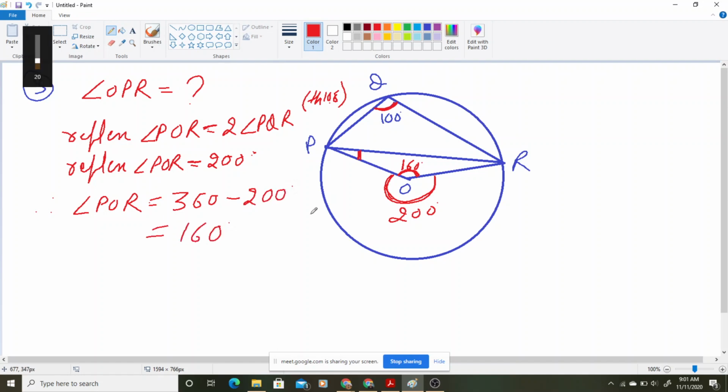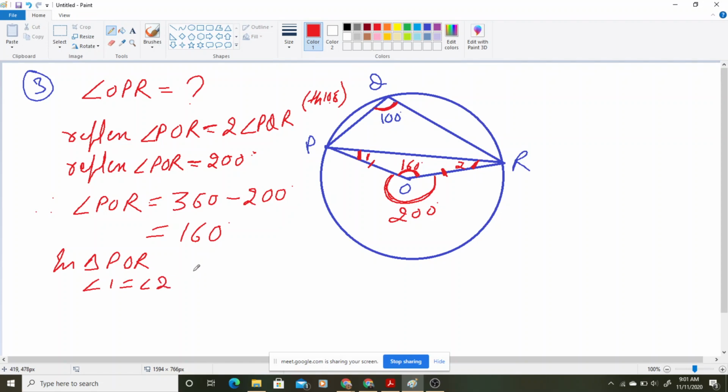Now just check one thing. In this triangle POR, in triangle POR, see this angle 1 and this angle 2 are equal. These two angles are equal because they are opposite angles to the same side. Angle 1 is equal to angle 2.